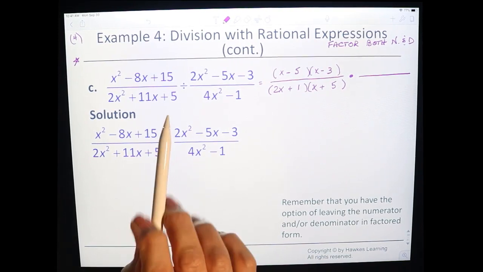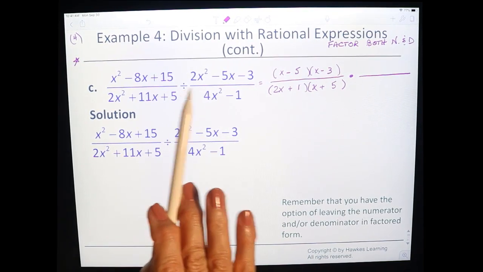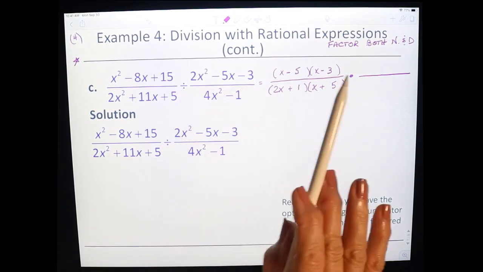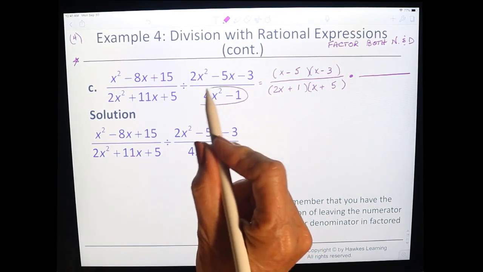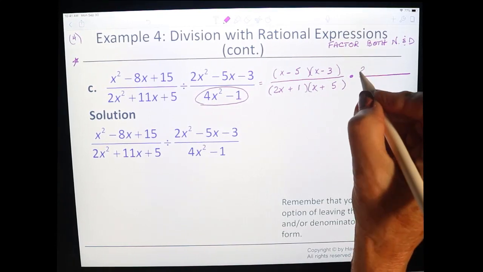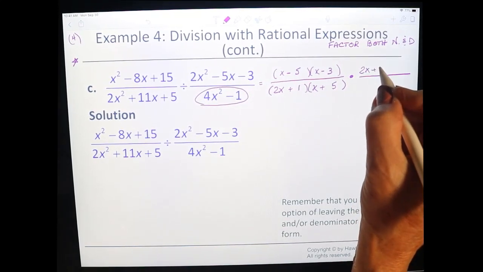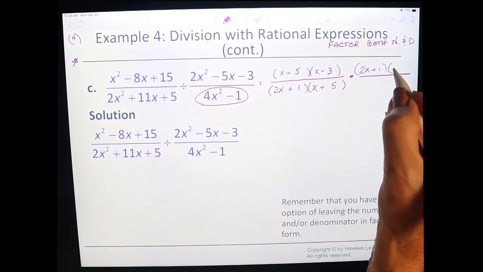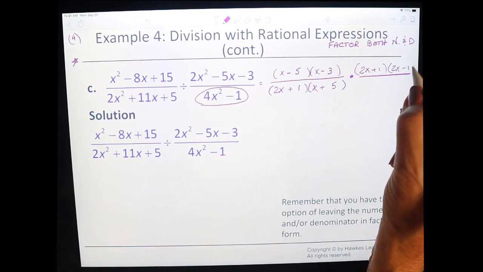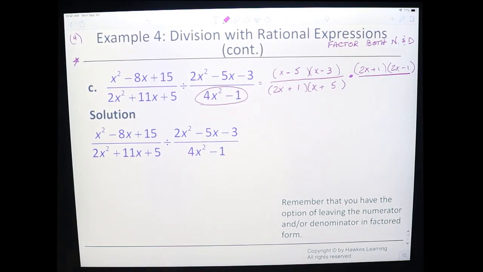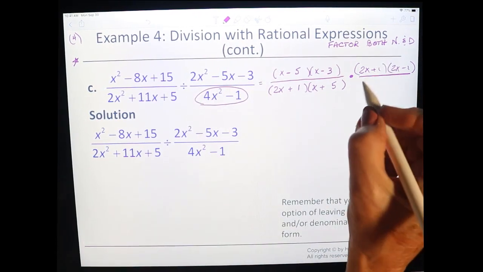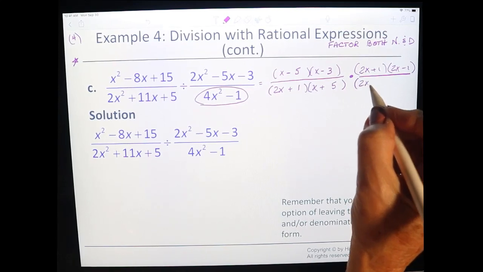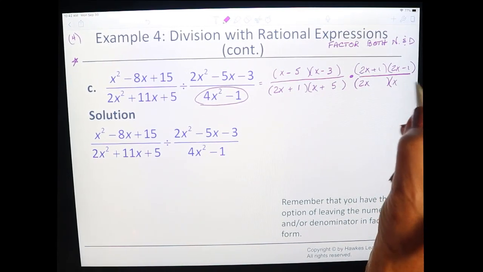All right, you noticed I did the change from division into multiplication, and now I'm going for the reciprocal. So I'm going to factor this difference of 2 squares, and I'm going to put that result up in the numerator. So going for the reciprocal and doing the factoring at the same time. And now I'm going to work on this 2x squared minus 5x minus 3. I'm going to put that down in the denominator.